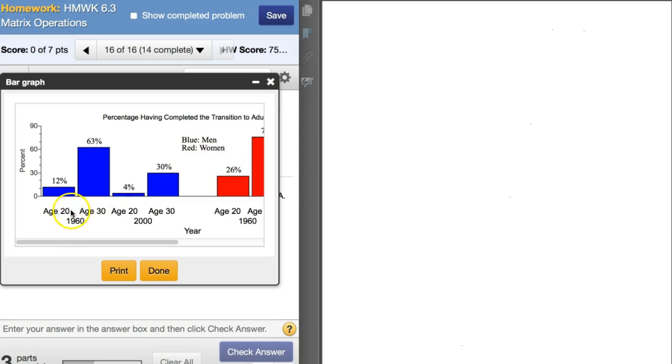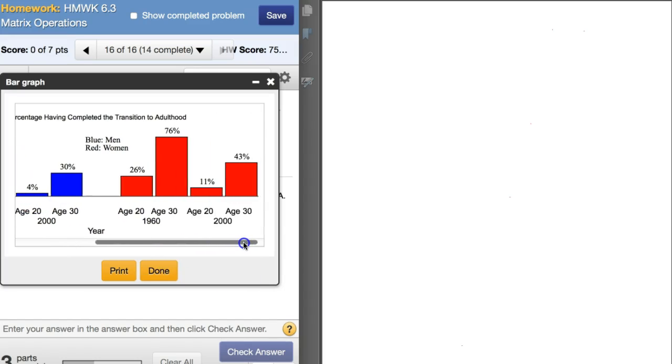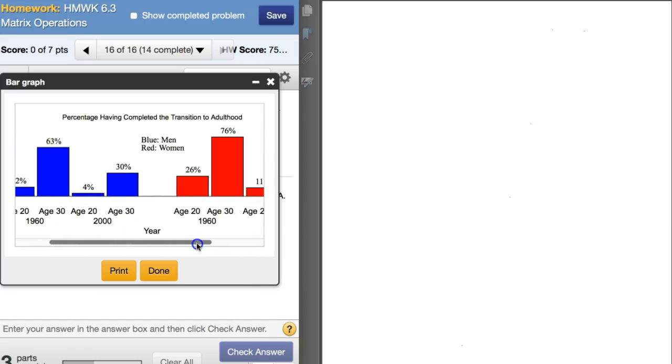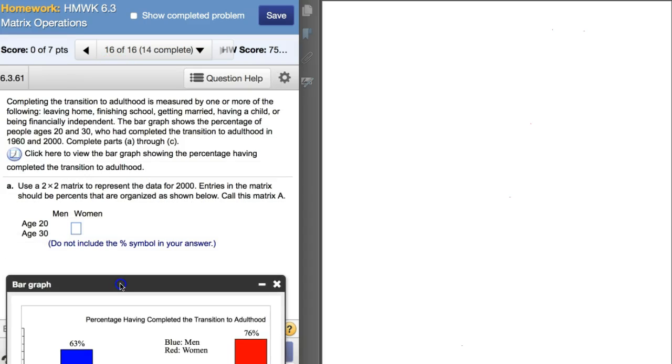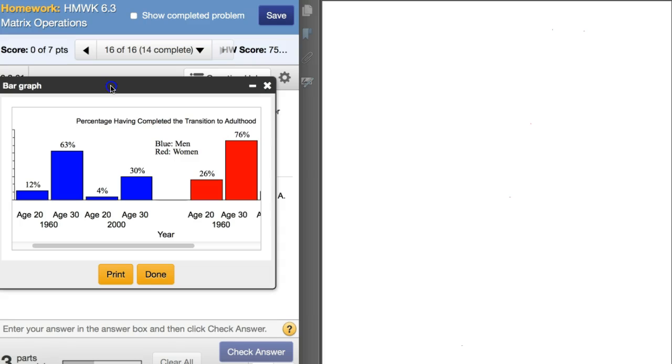And so we have data for the year 1960, which is these first two, and data for the year 2000. And this is for men, and of course we come over here, we have it for women. So the first thing that we're asked to do here is to come up with a 2 by 2 matrix where we have all the information from the year 2000. So we'll go ahead and form that first.